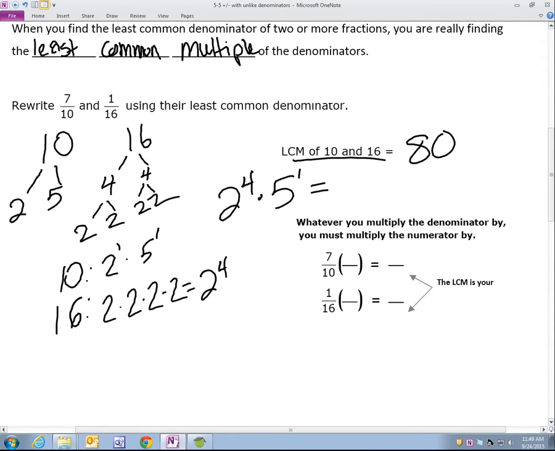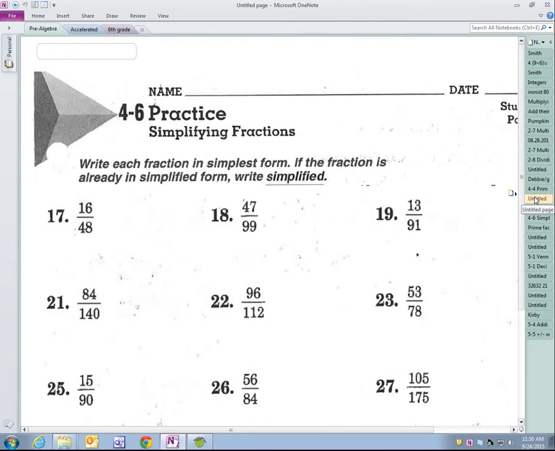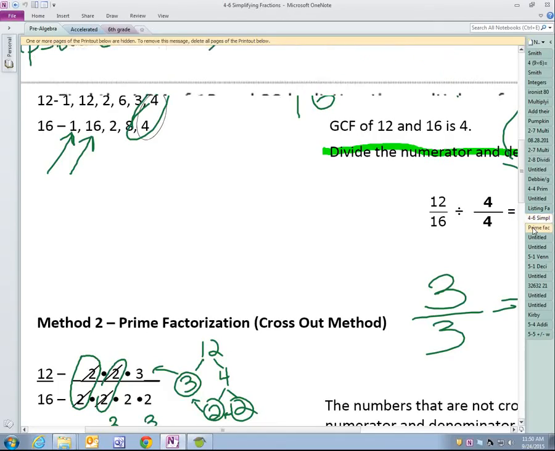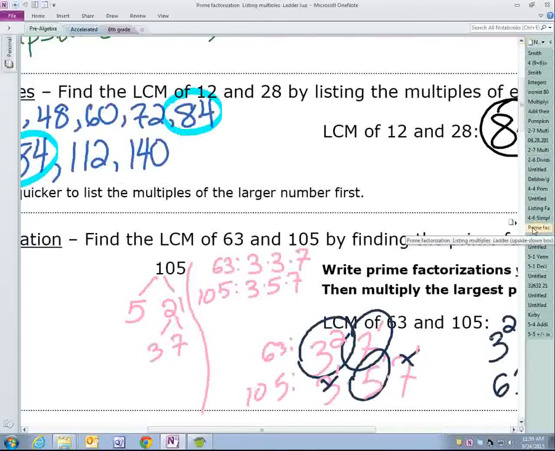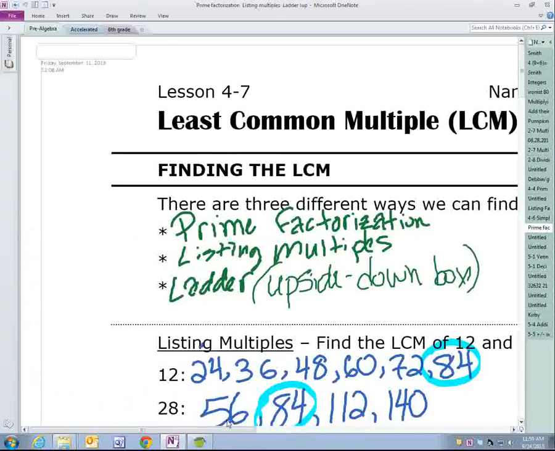Yes. Wait, why didn't we do, like, what if this? Sorry, say that again. Like you know how it was 2 times 5 or 10? How come we didn't add it? Because of the method that you have to use whenever you're doing the prime factorization, and this is from the notes, section 4-7.